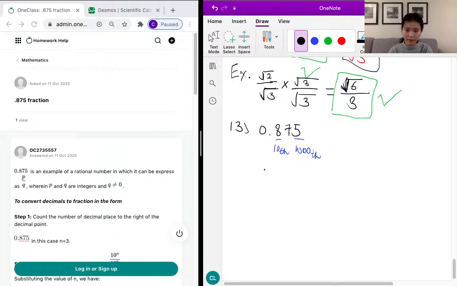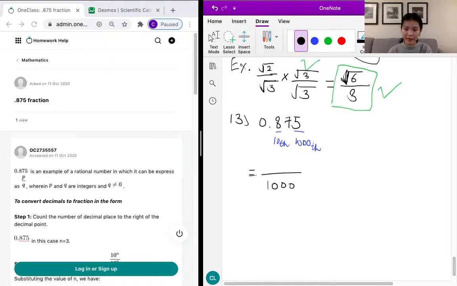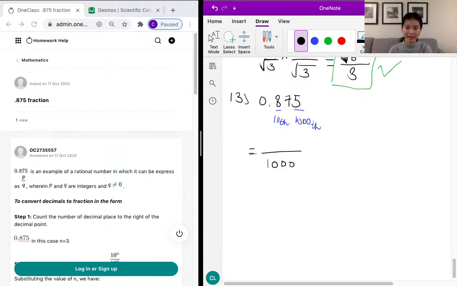So we just need to put 1000 as the denominator, because 1000 is the largest number out of 10, 100, and 1000, but it's the smallest place because it's the 1000th place of the decimal.